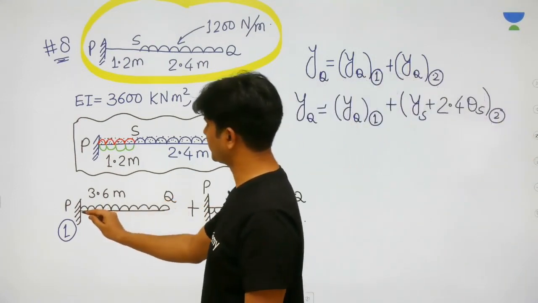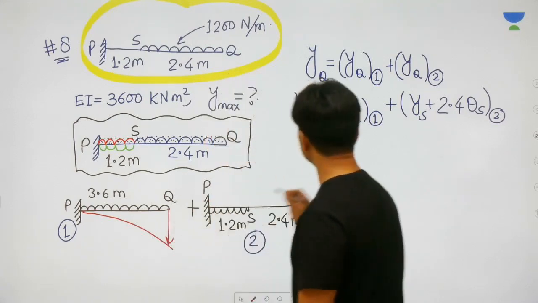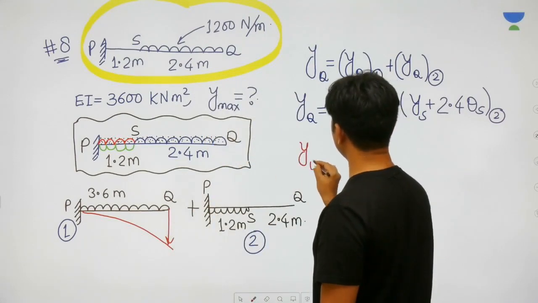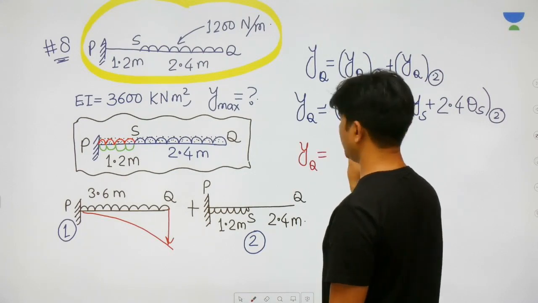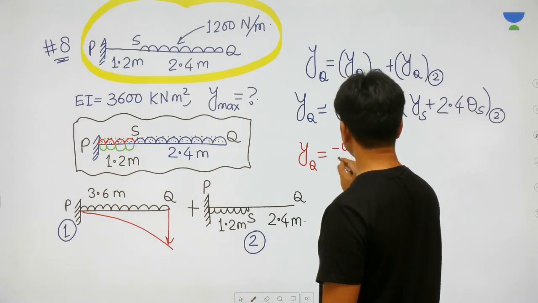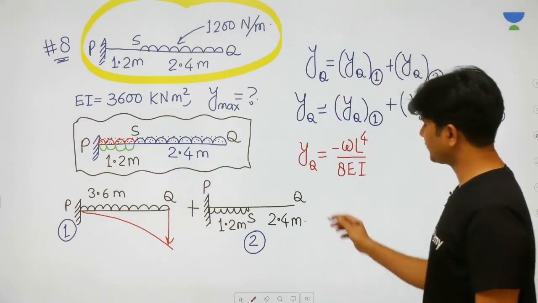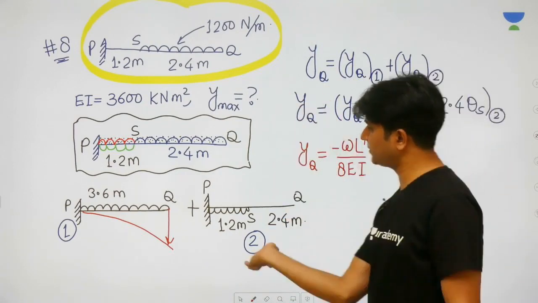For the first beam, deflection is obviously downward, and that can be written by a standard formula, which is omega L raised to 4 divided by 8 EI. And for the second beam, deflection is going to be upward.